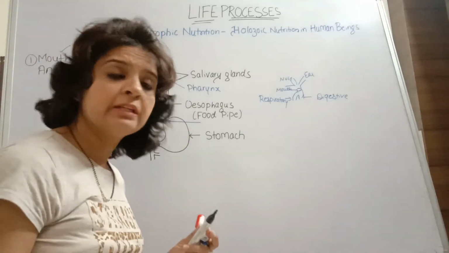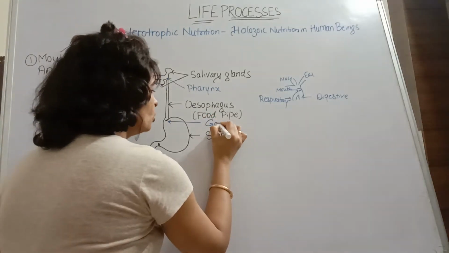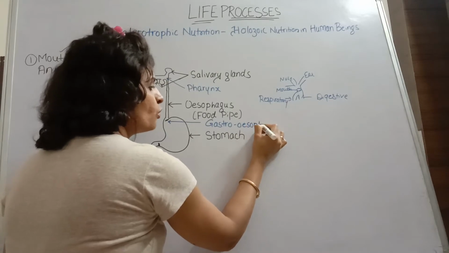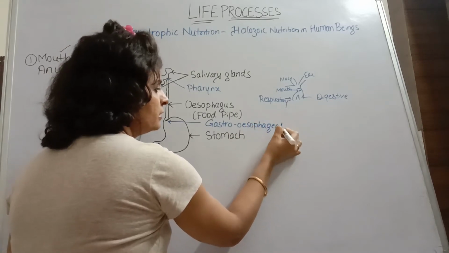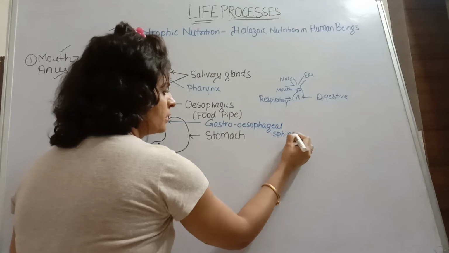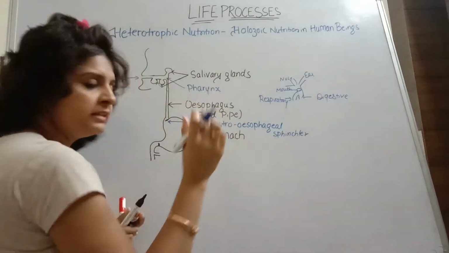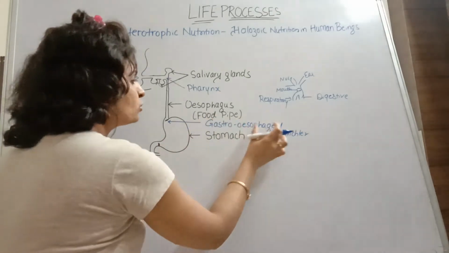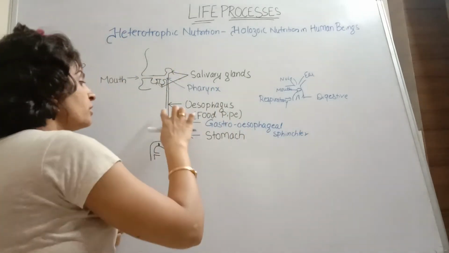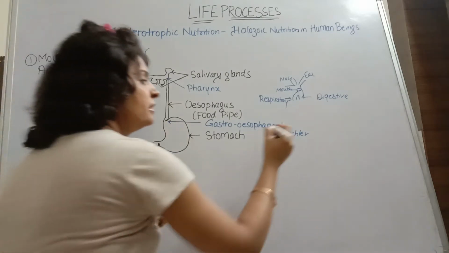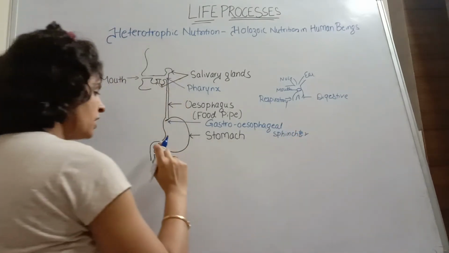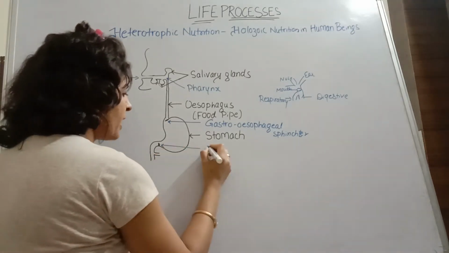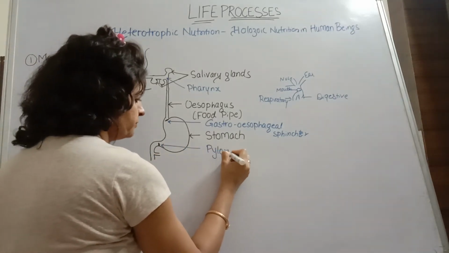The upper one is known as the gastroesophageal sphincter. See, it's very simple. Gastro means gastric, means stomach. Esophageal means esophagus. So, gastroesophageal sphincter. And the downward one, which is present over here, is known as the pyloric sphincter.